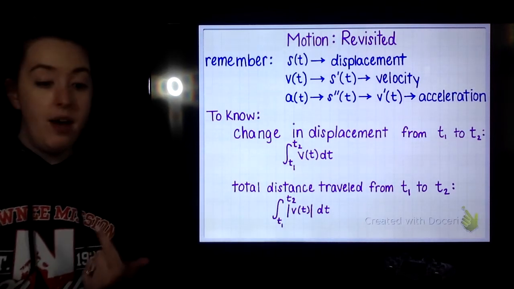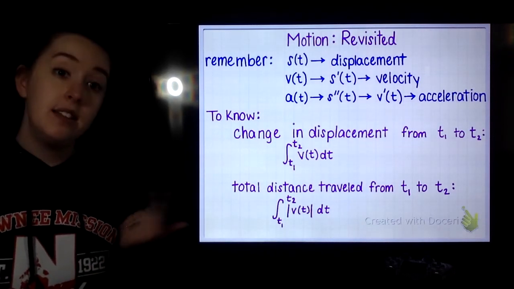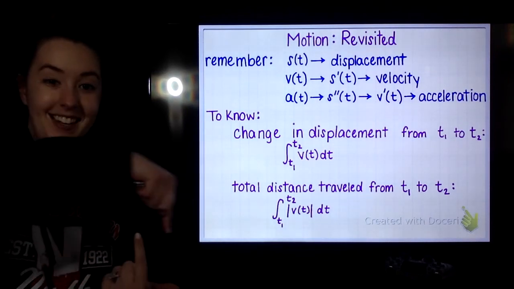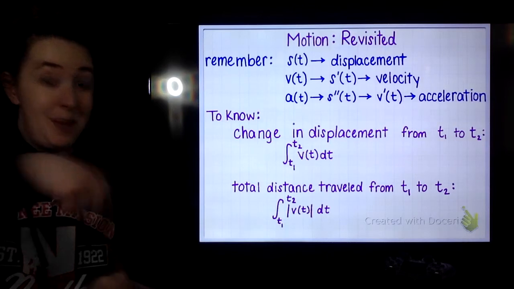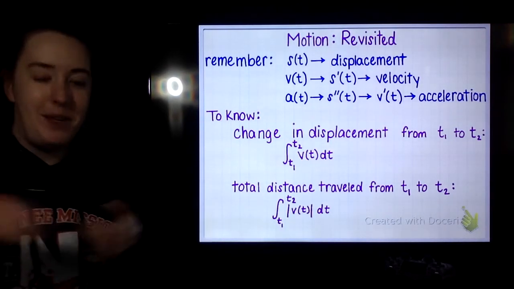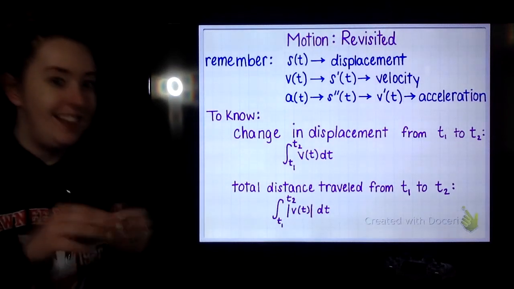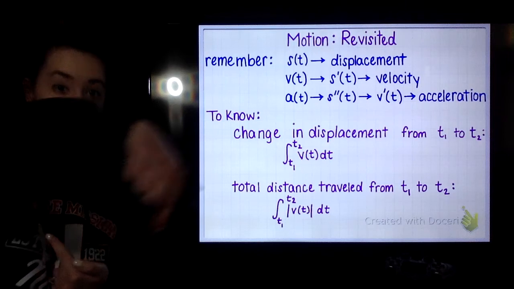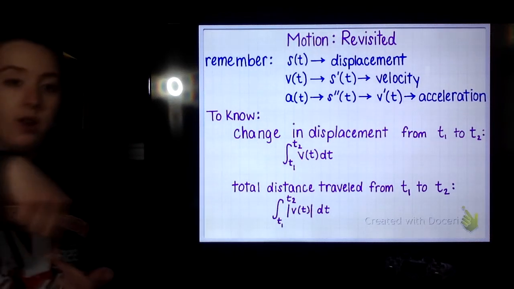So think about running a race. If you go around the track once, your change in displacement might be 0, or it might be -1 because you're still trying to make it there. But the total distance traveled is the full distance around there.